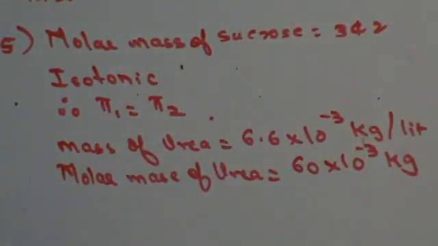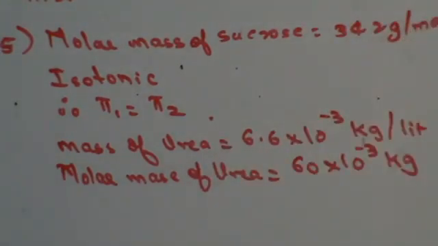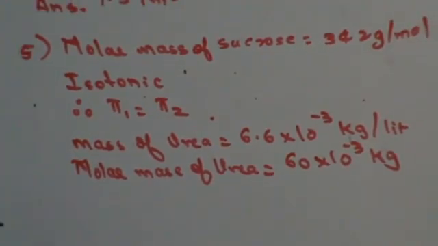Molar mass of sucrose is 342 grams per mole. Okay. Now what do you mean by isotonic? Isotonic means the osmotic pressure is the same. Now we already know that pi is equal to CRT. They haven't said that the temperature is changing. Gaseous constant will not change.